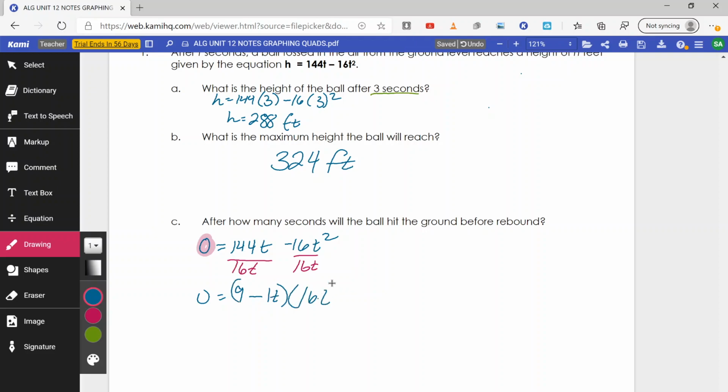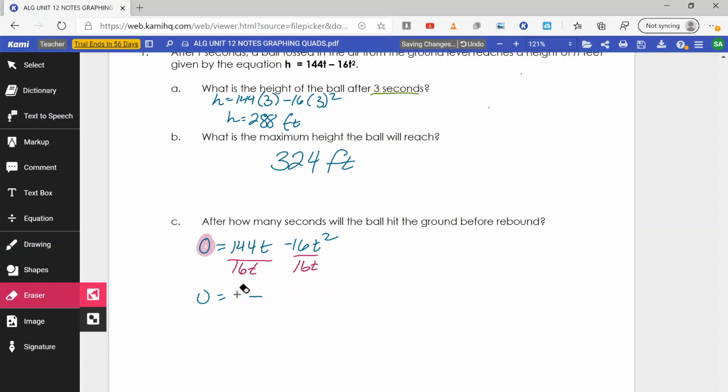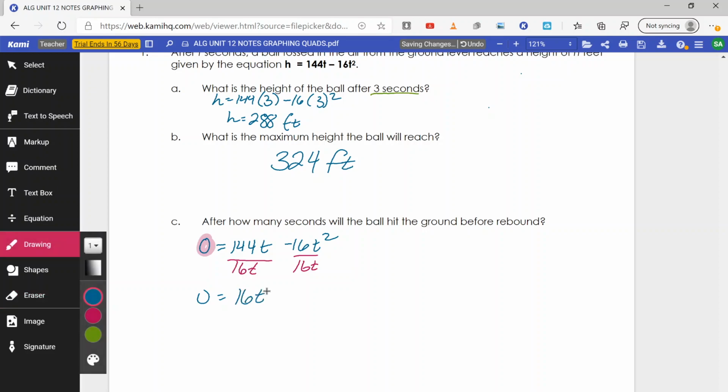So whenever we divide off a common factor like that, whatever we divided off comes down. Whatever I get left goes inside parentheses. 144 divided by 16 is 9. T divided by t will cancel out. Subtracting, 16 divided by 16 is just 1. T squared divided by t is t.